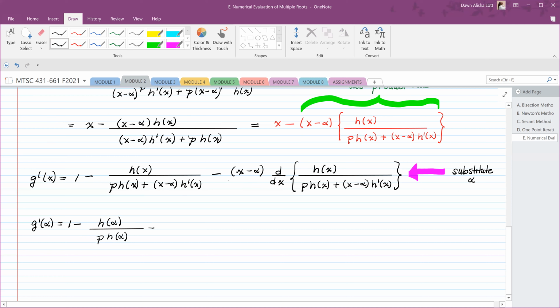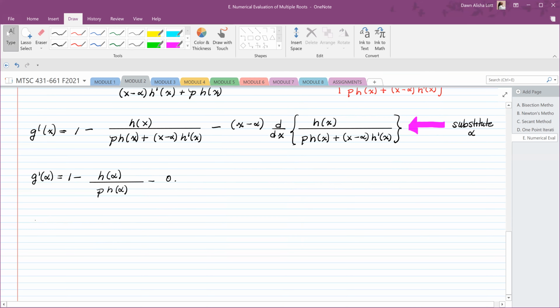And when I put in alpha, it kills the whole other thing, minus 0. So now I get g prime of alpha is 1 minus 1 over p. And remember, p was greater than 1.